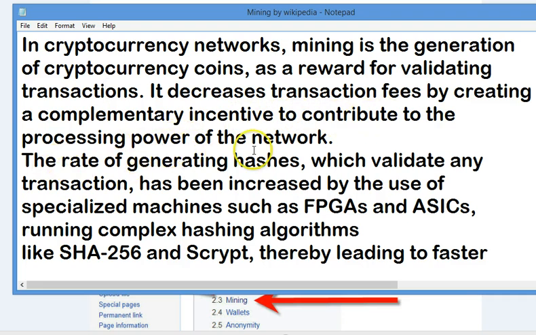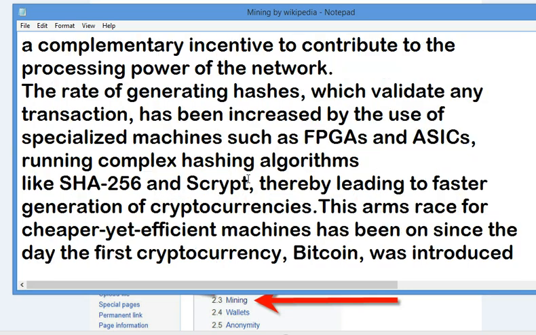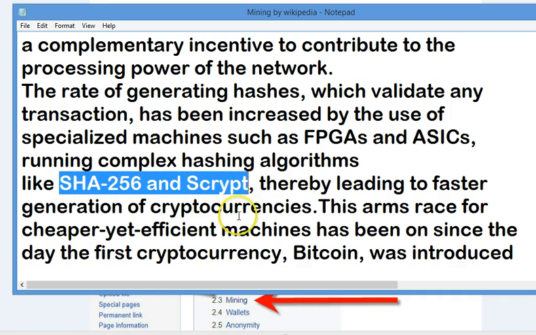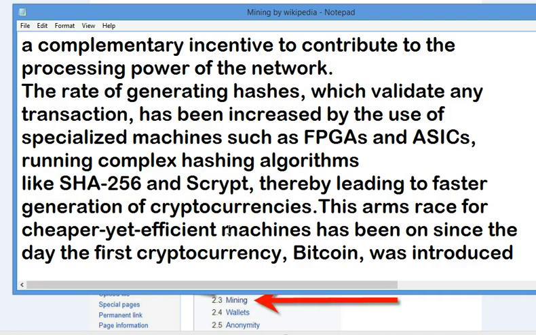The rate of generating hashes which validate any transaction has been increased by the use of specialized machines such as FPGAs and ASICs running complex hashing algorithms like SHA-256 and Scrypt. So in mining, you run across these terms quite a bit, and we'll cover that in future lessons. And so thereby leading to faster generation of cryptocurrencies.